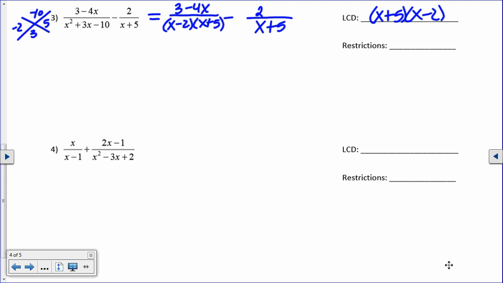So what's one nice thing that they've done for us in this situation? They've already given us a fraction with the common denominator, but the other one doesn't have that common denominator. So what am I going to have to do? I'm going to have to multiply this one by the x minus 2, the piece it's missing. So let's rewrite the first fraction without changing it.